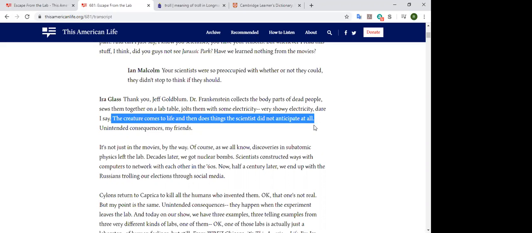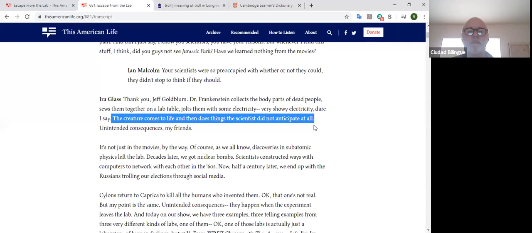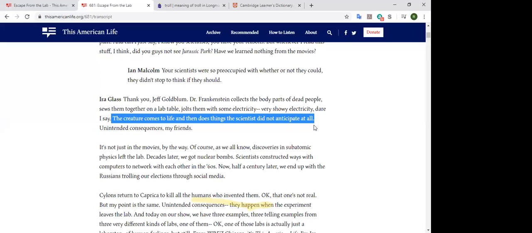Who comes to life and then does things the scientist did not anticipate at all? The creature does. Good. Yes. Does the creature come to life and then do things the scientists did not anticipate at all?